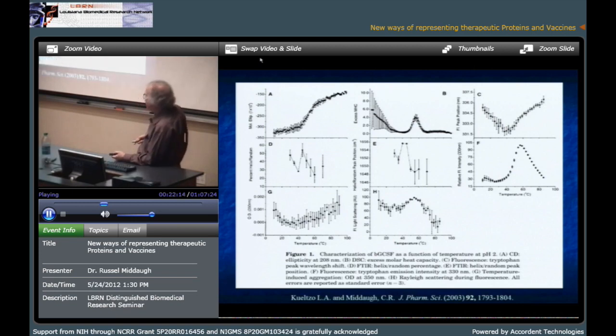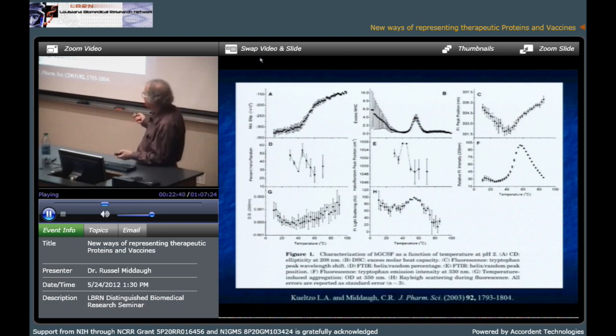Now, we could do the same thing, but we aren't limited to using a single technique, the 6 techniques of ultraviolet absorption. So here's an example at pH 2, in which we've used a bunch of different things. We've used circular dichroism. Here's differential scanning calorimetry. There's FTIR to look at the amide 1 band, et cetera, a whole bunch of different techniques.